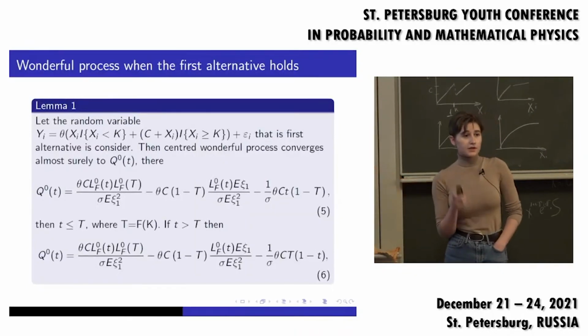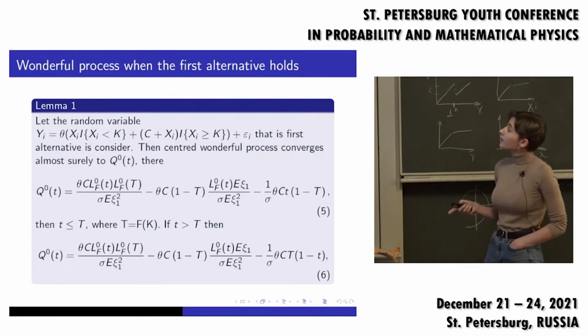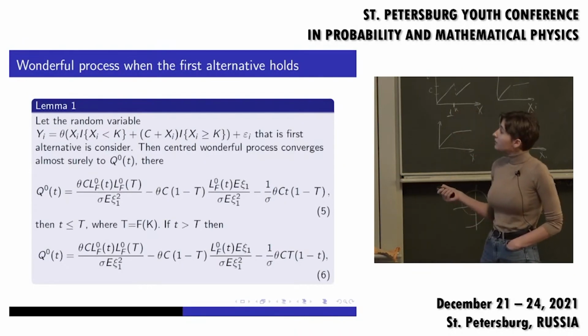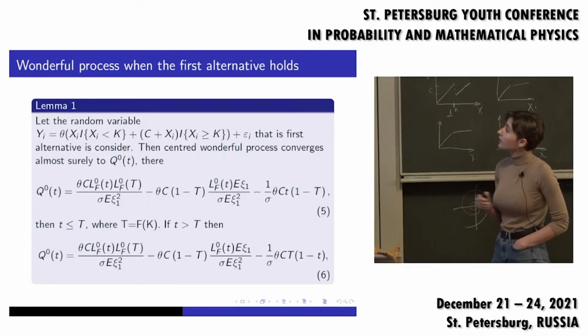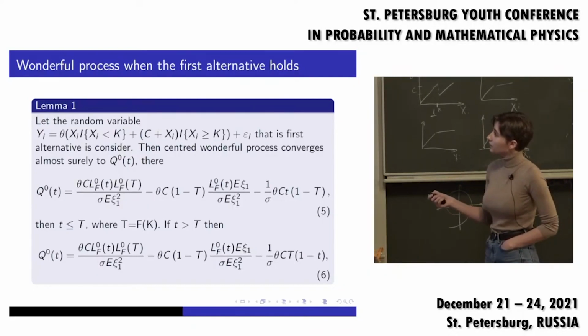F is the distribution function of psi1. The process equals this thing, and if t is bigger than t capital, then the limit of the wonderful process equals this thing.